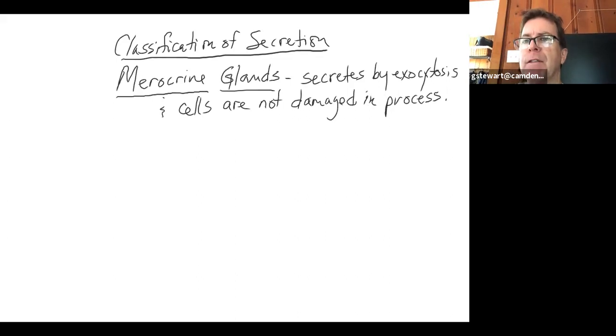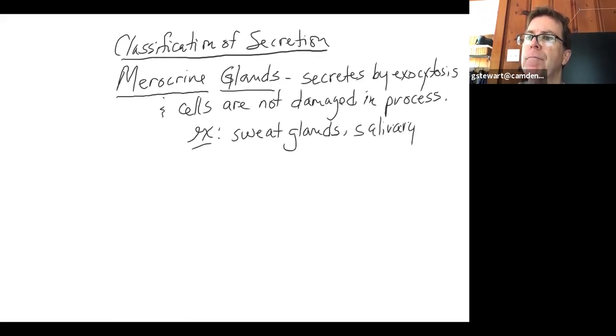Examples of this would be things like sweat glands, salivary glands. That's opposed to a different type of classification by secretion, which would be a holocrine, H-O-L-O-C-R-I-N-E.